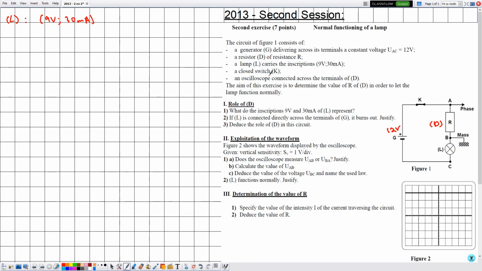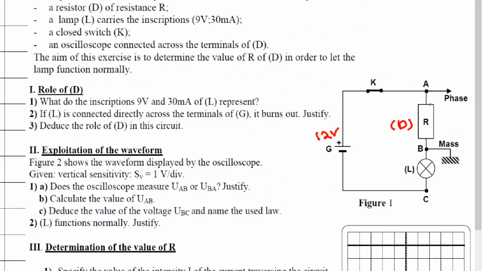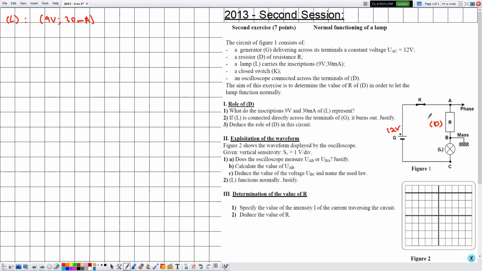A closed switch K, an oscilloscope connected across the terminals of D. So these are the terminals of the oscilloscope. The aim of this exercise is to determine the value of R of D in order to let the lamp function normally. Yet we don't know if the lamp L is functioning normally.